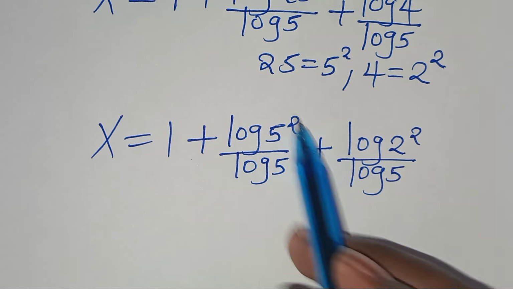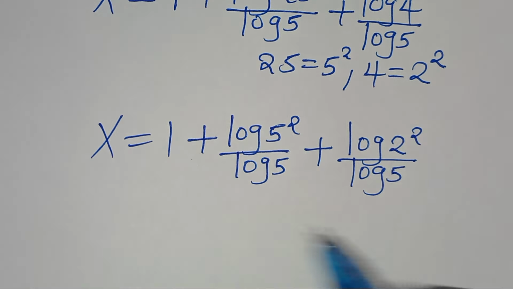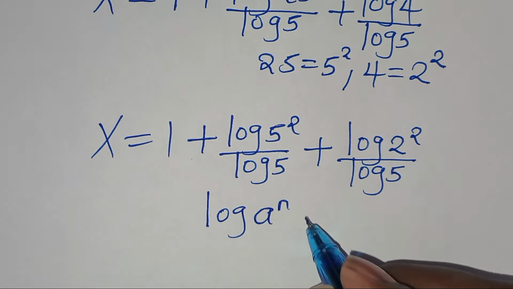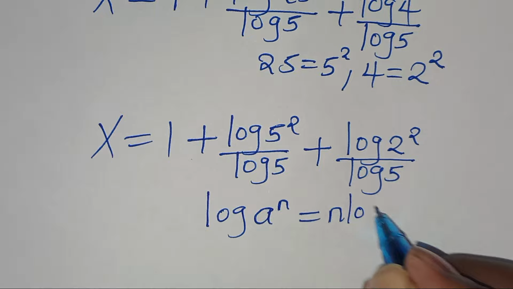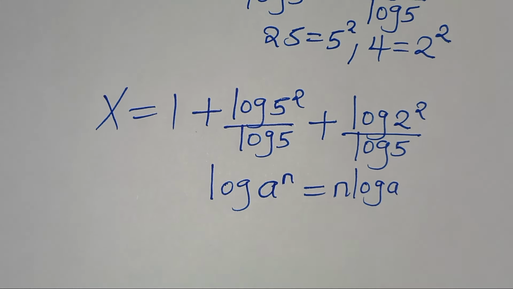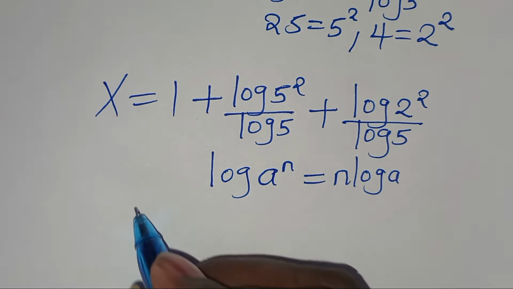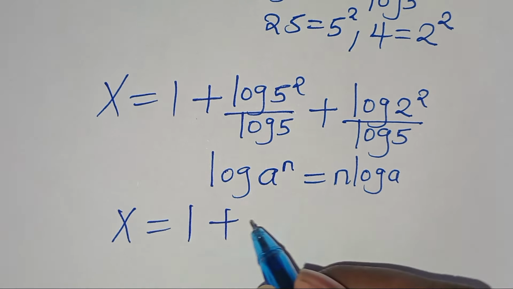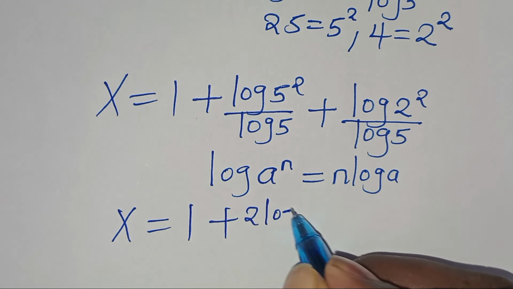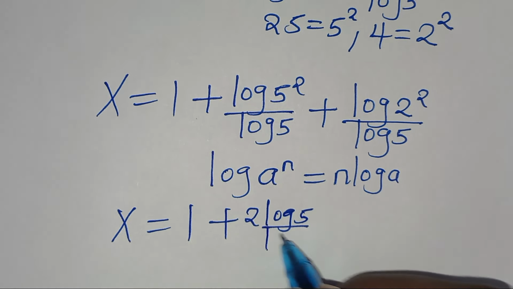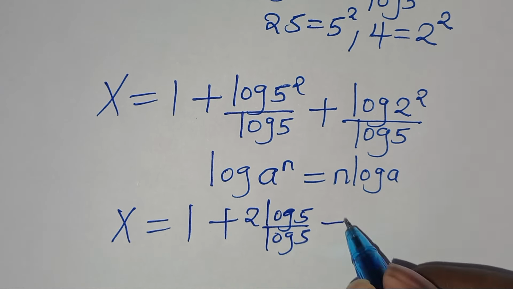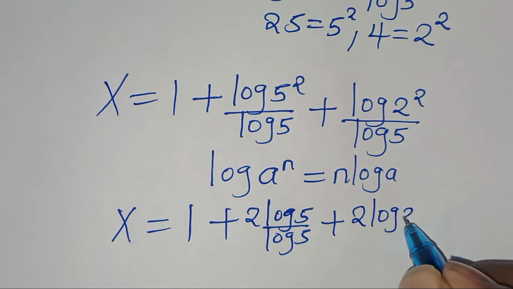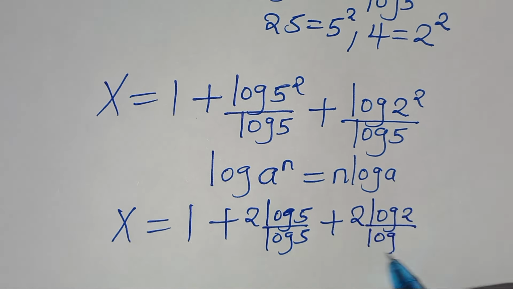The next step is to apply the power rule property, that is log a to the power of n can be expressed as n log a. Applying this rule, we have 1 plus log 5 to the power of 2 becomes 2 log 5 divided by log 5, then plus log 2 to the power of 2 becomes 2 log 2 divided by log 5.